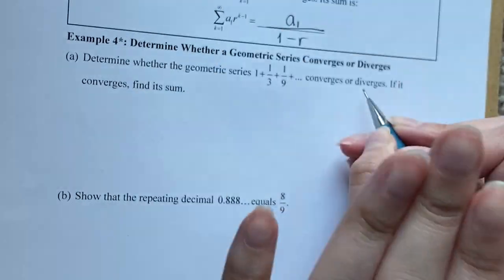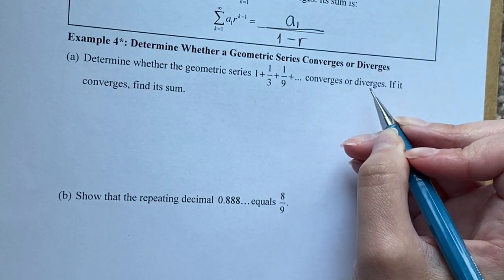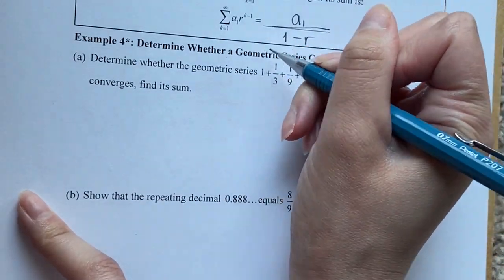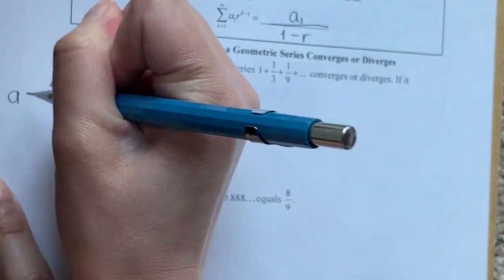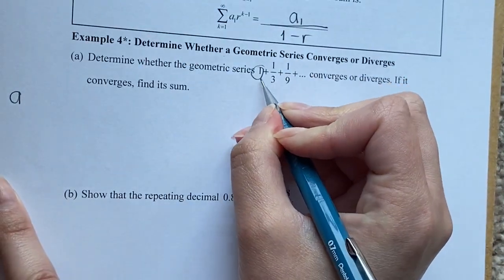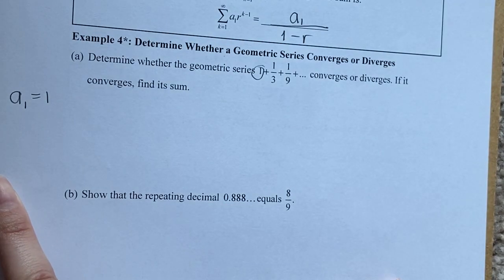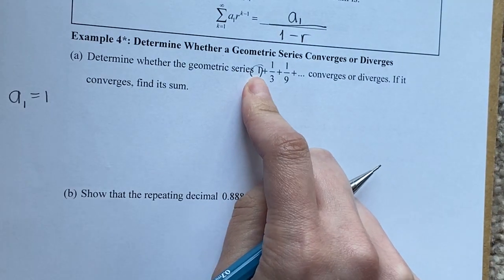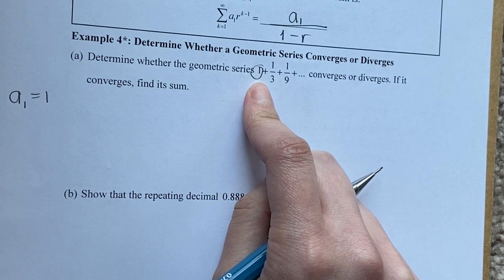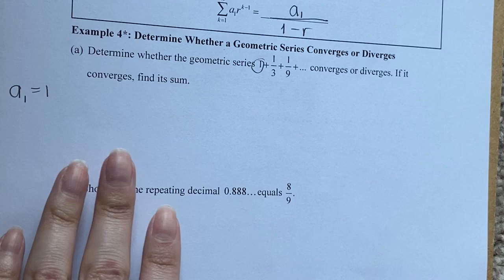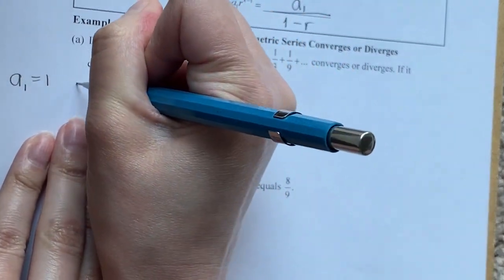First we need to figure out if it converges or not. So what are you going to do first? The first thing you need to find, of course, is the first term. The first term is a sub 1, so it's going to be 1, and that's always the first partial sum. Then what's your common ratio?